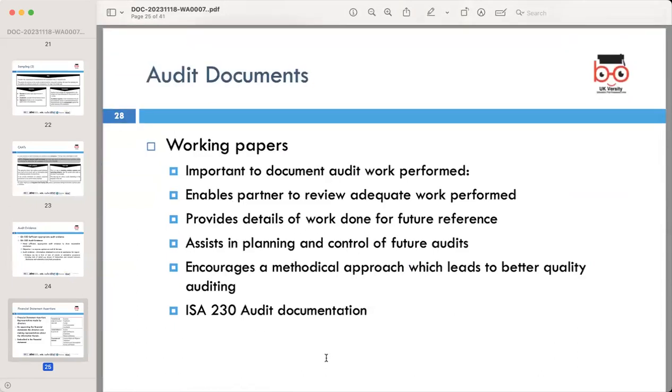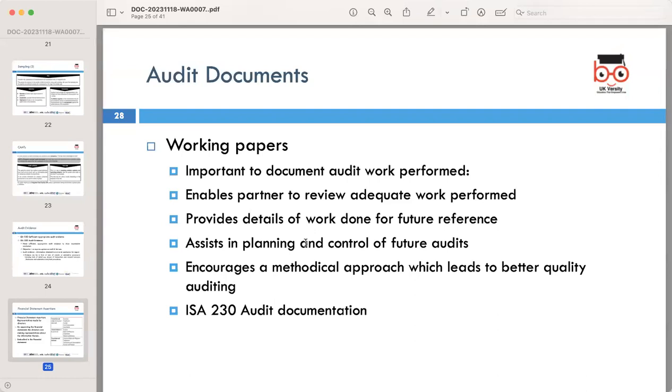Again, audit documents, working papers. It is important to document all work performed, to enable the partner to review and evaluate the work performed. It provides details of work done for future reference, assists in planning and control of future audits, and encourages a methodical approach which leads to better quality auditing.